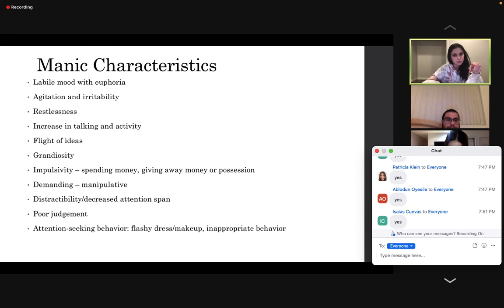Impulsive: spending money, giving away money or possessions. I cared for a patient one time who was a VIP, and I'm pretty sure if I mention her name, you guys will know who she is. She was on her meds, and I believe she was on lithium from what I remember.